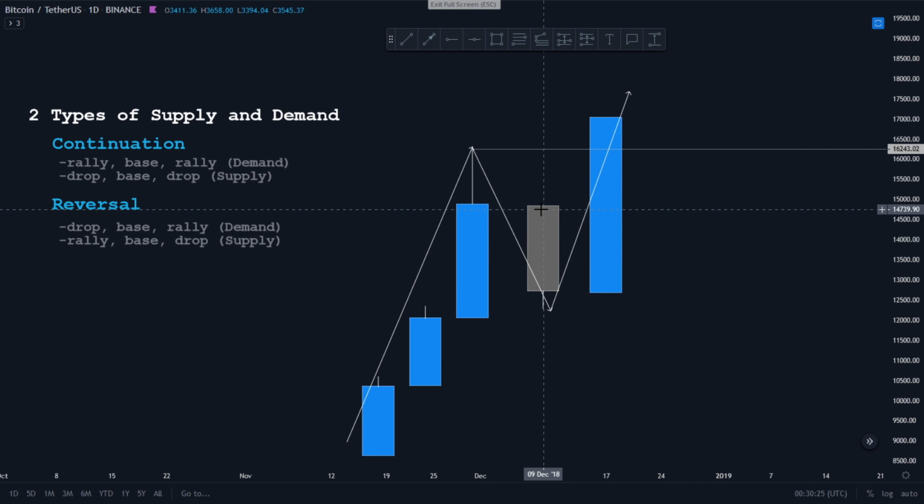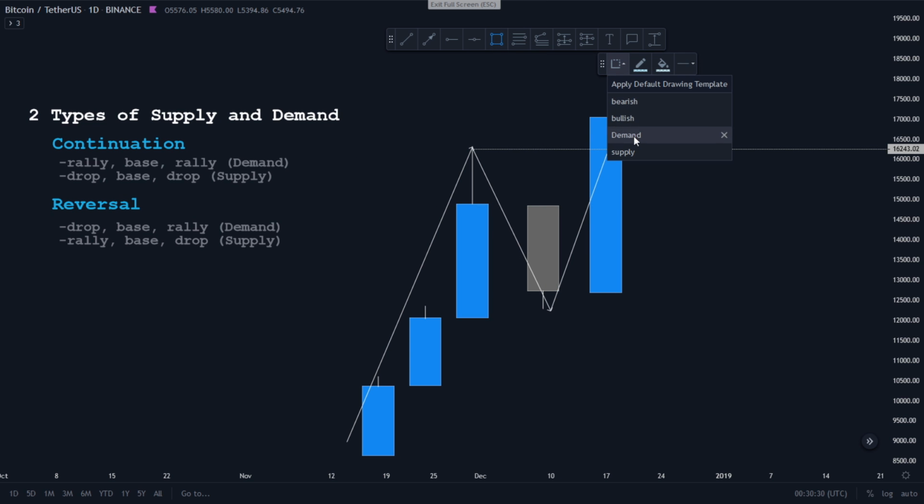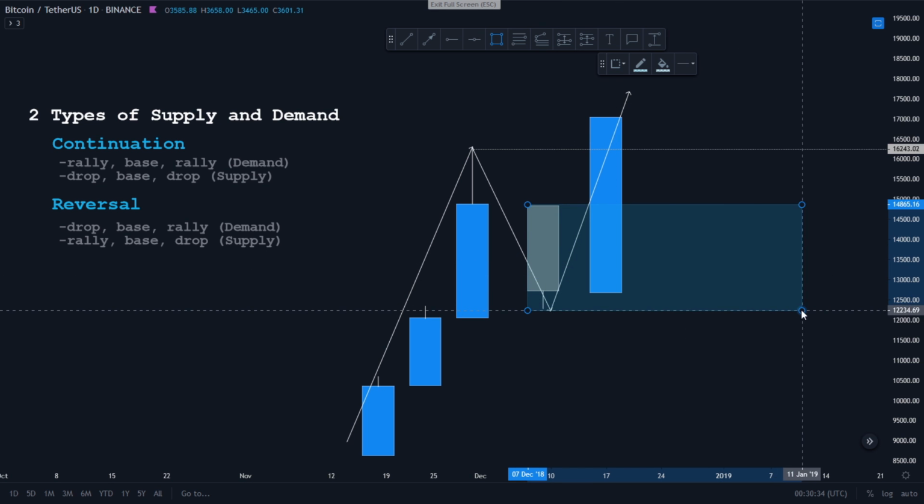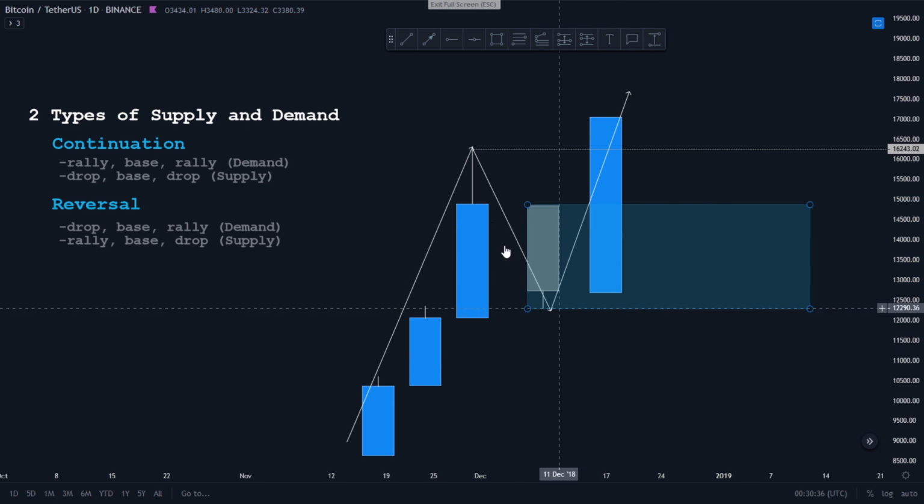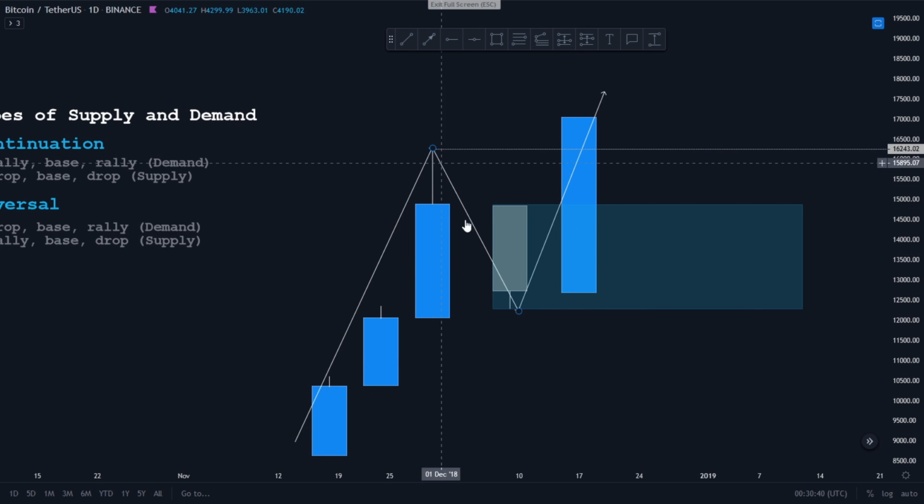So we see that we have a demand zone here, which is this last down candle's body to the low wick. So we would draw the demand zone in this example like this.